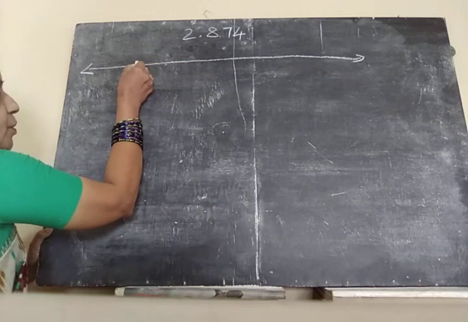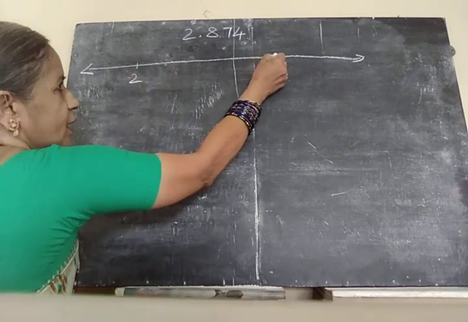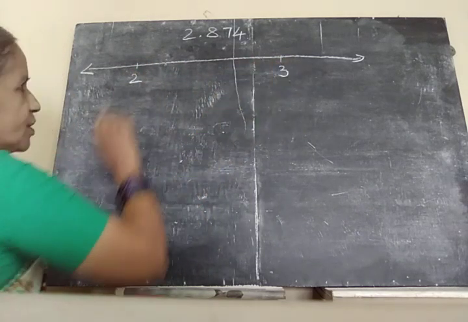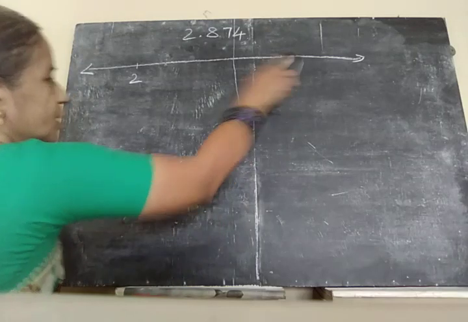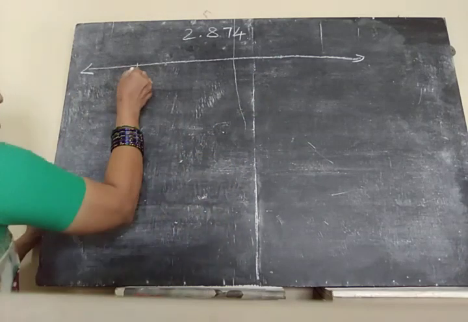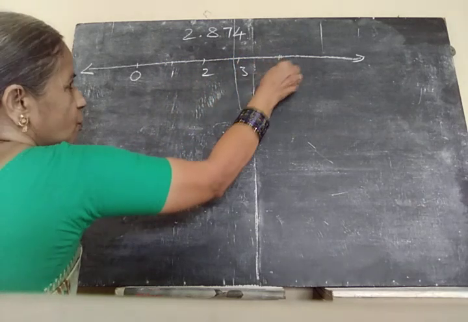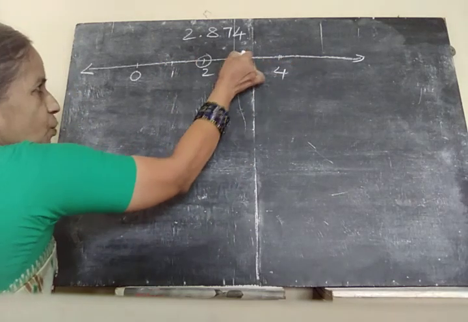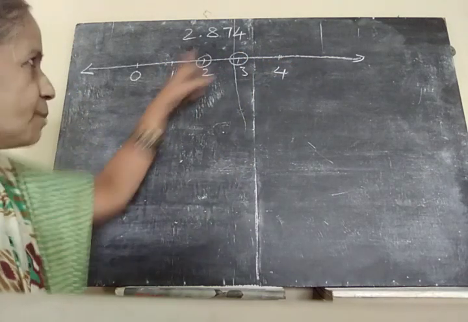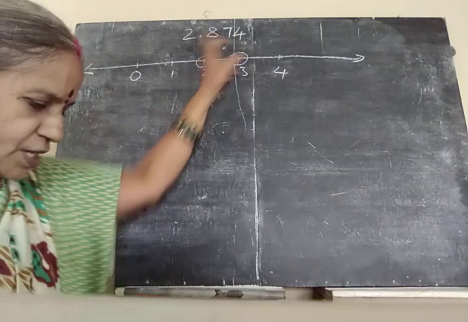So, between 2 and 3. Like this number line, 0, 1, 2, 3, 4. So, between 2 and 3, this number will be there.